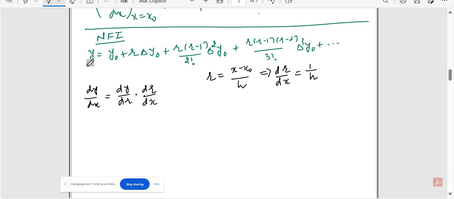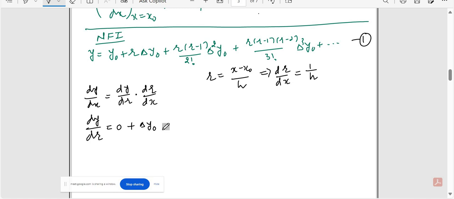Now tell me what is your dy by dr from formula number 1. The derivative of y0 is 0. The derivative of r with respect to r is 1, so here we have delta y0.